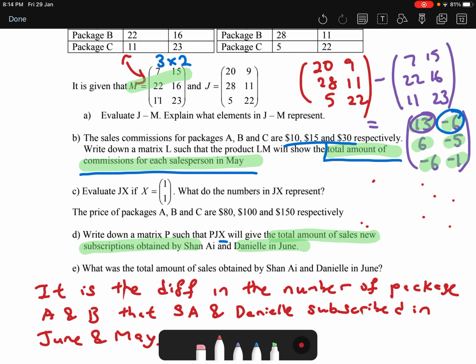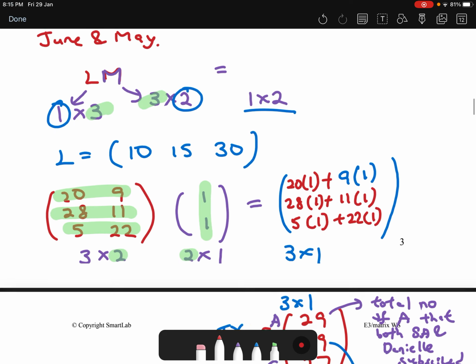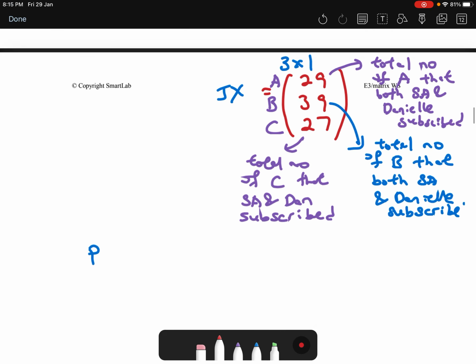Because they say the total amount of sales obtained by Shan Ai and Daniel in June, PJX must give us a 1 by 1. So P must be a 1 by 3 matrix, because I know that our JX is a 3 by 1 matrix. Whatever I multiply must give me 1 by 1.